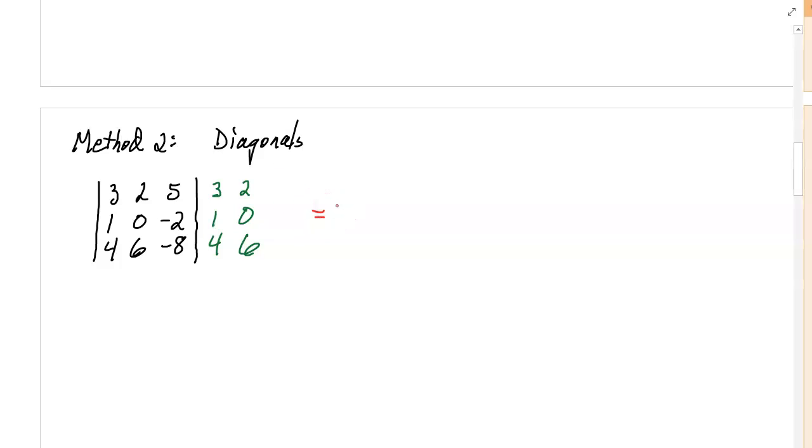Diagonals method works a lot like the 2 by 2 method, where you multiply diagonally, and then when you multiply diagonally in that downward left direction, you have a subtraction in front of it. Here's what I mean. Our first diagonal, 3 times 0 times -8, makes 0.